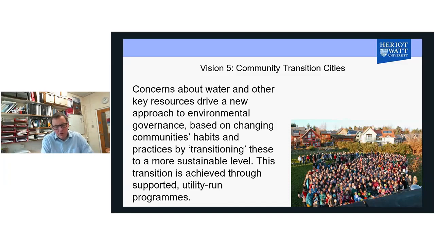So that's about the water utility no longer providing water and drainage as a service, but providing a sort of knowledge base and a management framework as a service, and it becoming much more about communities managing their own water supply and drainage networks. Now that might seem a little bit extreme, but the picture here is the Findhorn community in Scotland, and that's pretty much what they do already.